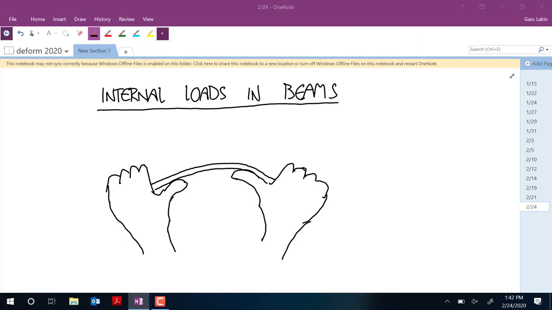If you look at a free body diagram of that stick, you see a force from the fingers, a force from the thumb, a force from the thumb, a force from the fingers.